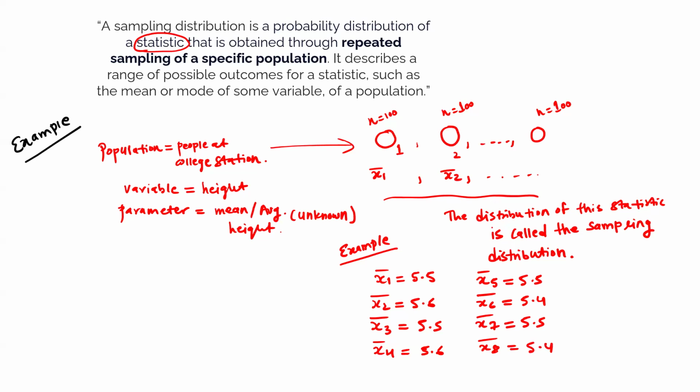Let's say there are 8 different samples of the same size. Each sample is 100 people. And what you're getting, this is your statistic, right? This is your average height for the sample. So what will the histogram of this look like?